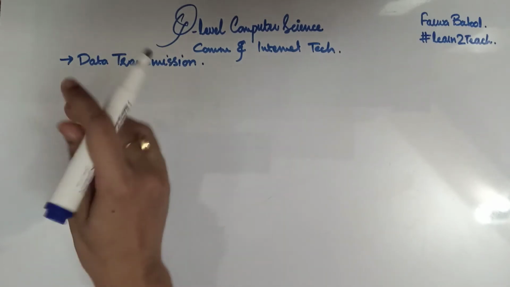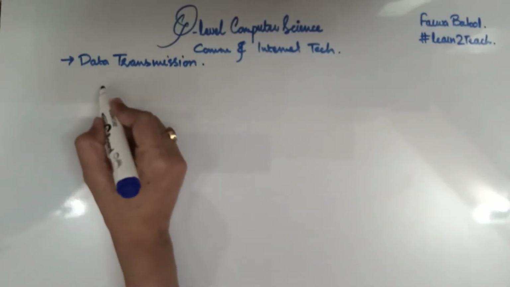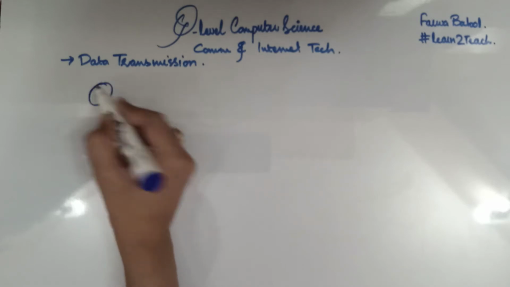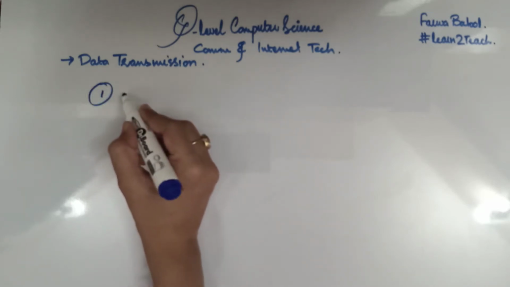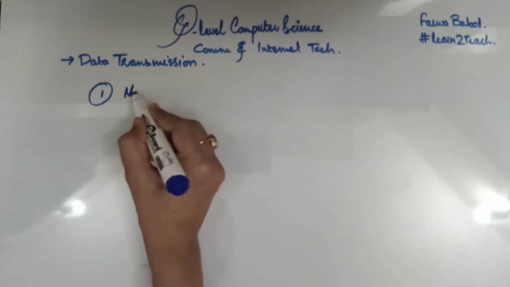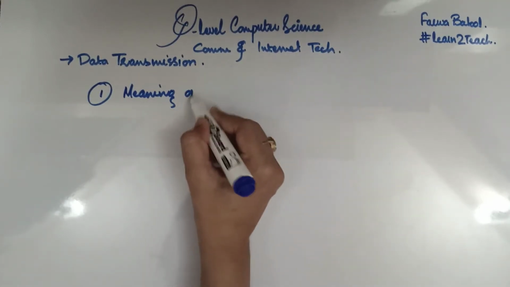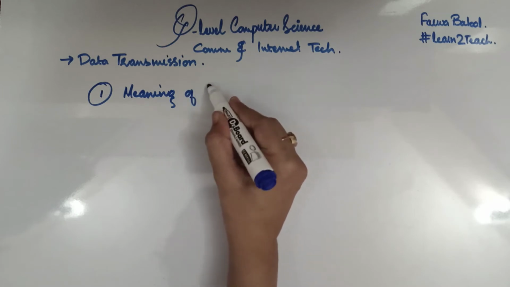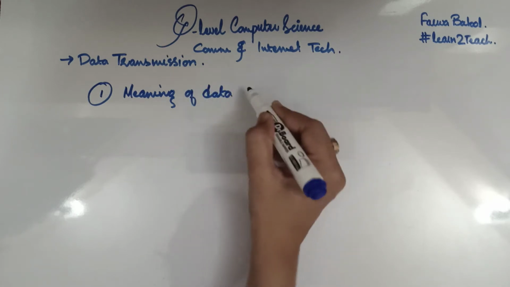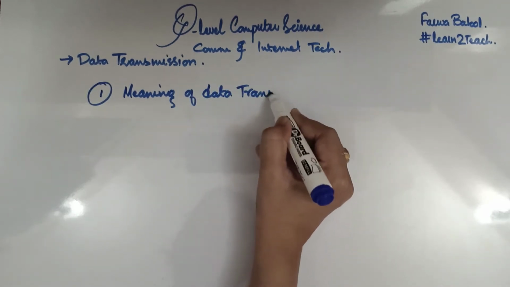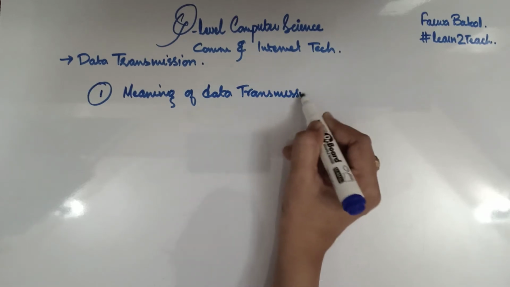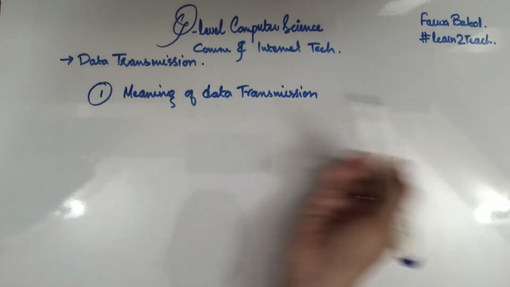The very first thing is that you must be aware of the meaning of data transmission, what data transmission actually is, or the concept of data transmission. That is very important for you in order to understand the whole topic.